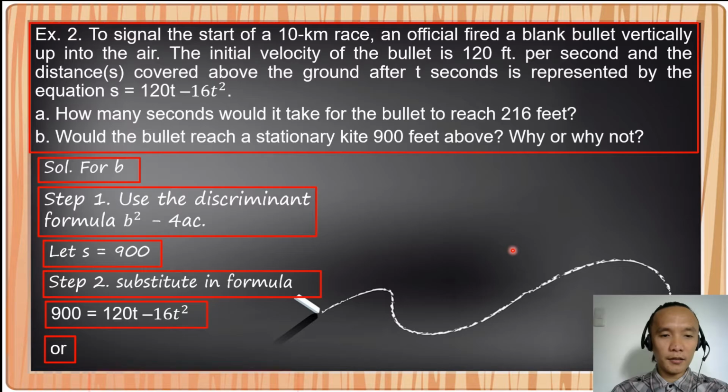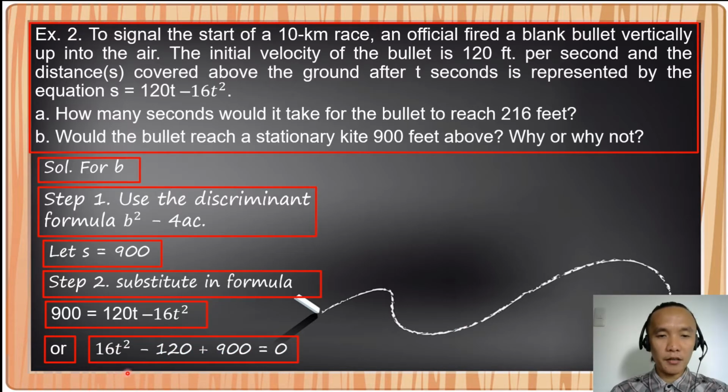Rewriting the formula into standard form, we will have 16t squared minus 120t plus 900 equal to 0. So your b is negative 120, your a is 16, and your c is 900.